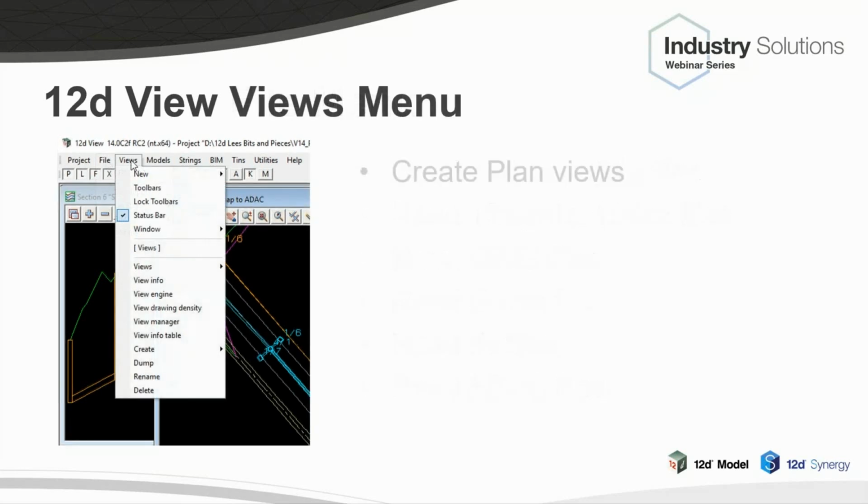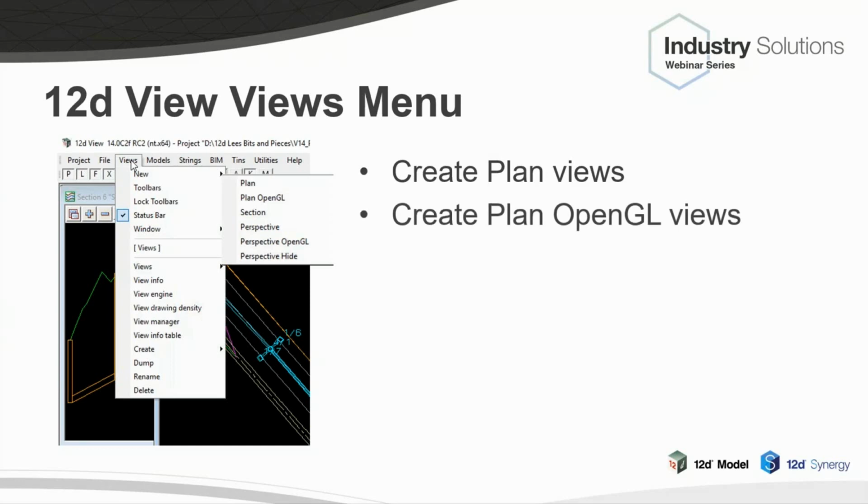There's a views menu, and basically here you can create plan views just like you could before. So even though the project may come up a certain way, you can move views around, delete views, create new views. All those things are still available inside 12D view. So plan views, you can do OpenGL plan views, section views.